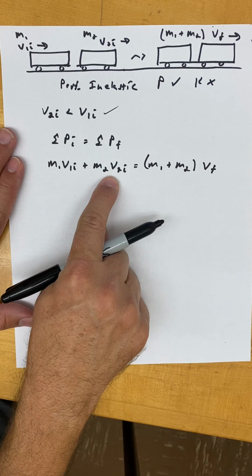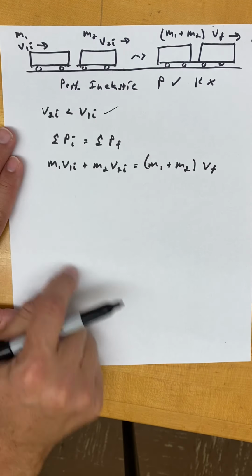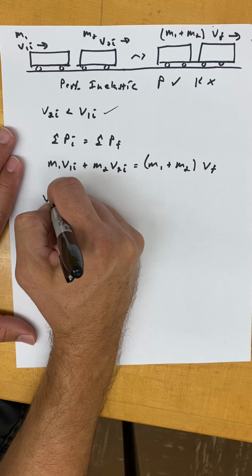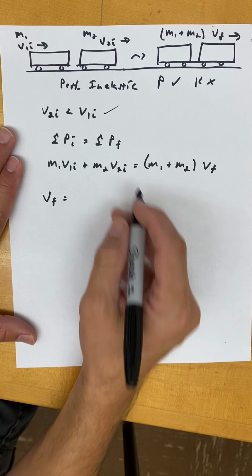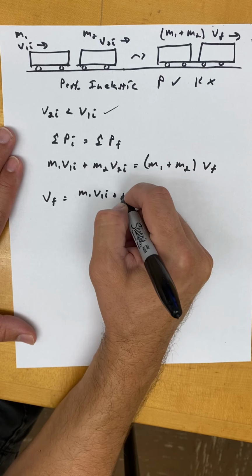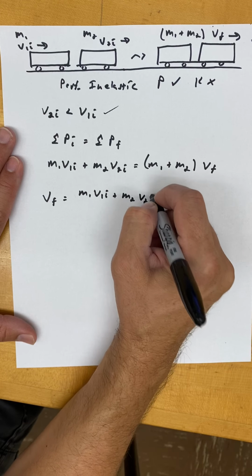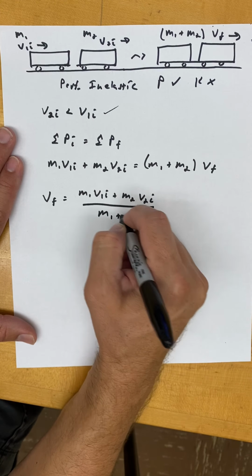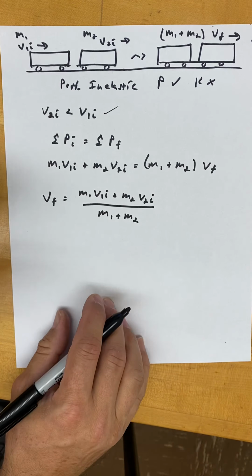I don't have this term going away in this example because it's not zero, but I can still immediately solve for v final here. v final is going to be this: m1 v1 initial plus m2 v2 initial over m1 plus m2.